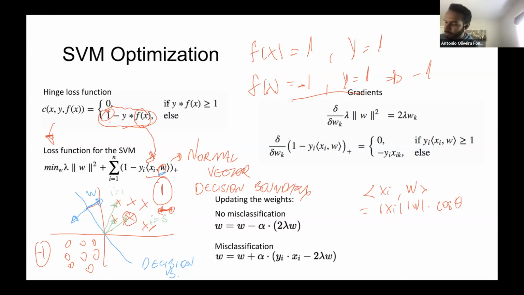Therefore, this is a number greater than 0, so this is a positive number. If it's greater than 0, it is equal to 1, f of x. If it's less than 0, it is equal to -1, which essentially corresponds to saying that I just want the sign of this function.